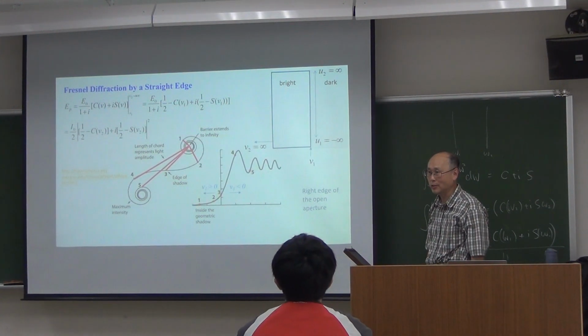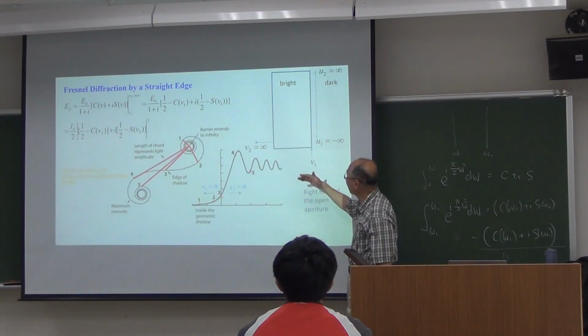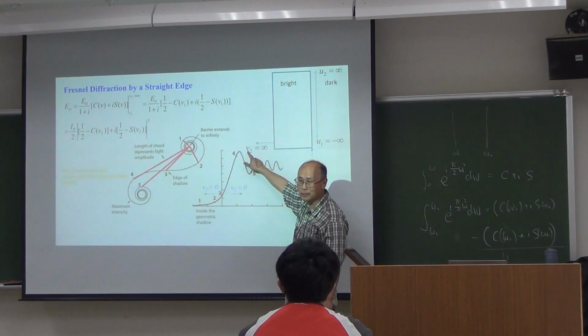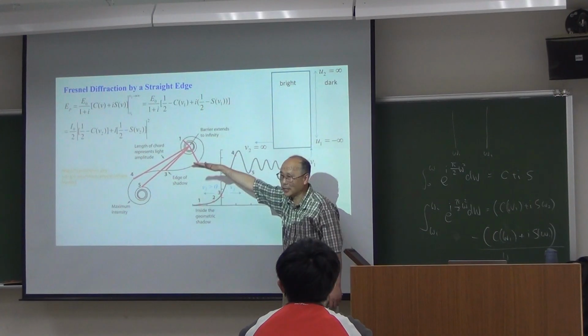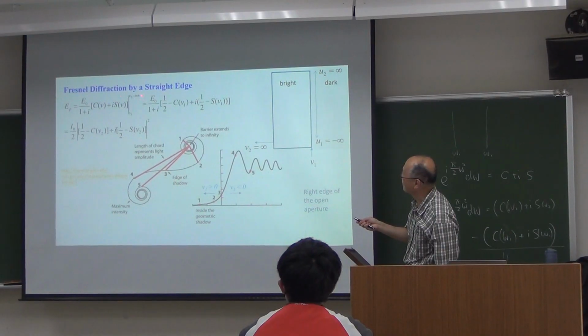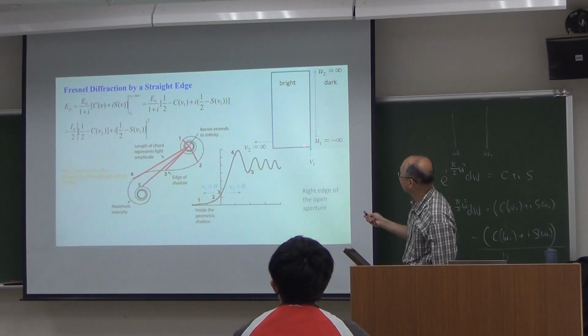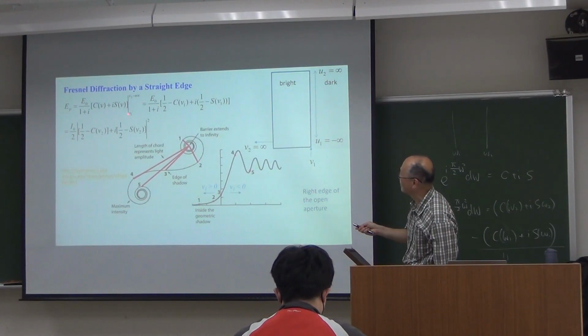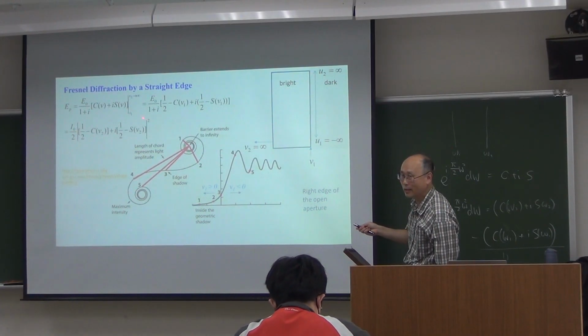So this is the definition. The upper bound of W2, or now V2, extends to infinity. So you have an integration upper bound of infinity. And then the right edge has a value, W1 or V1, like here.